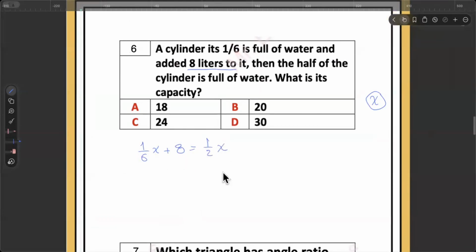Now we have an equation, we can solve it. We can multiply both sides times 6 to clear the fractions. So x plus 6 times 8, which equals 48, equals 3x. It means 2x equals 48, divide both sides by 2. So x equals 24. So the answer is C.